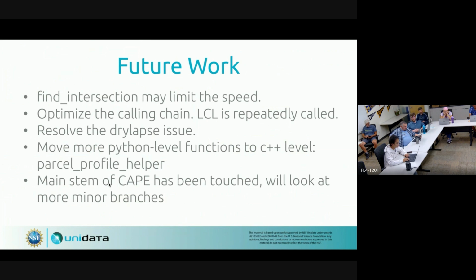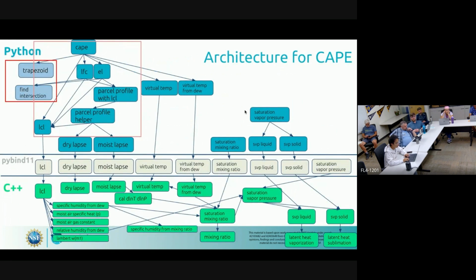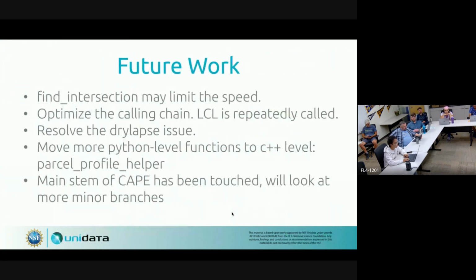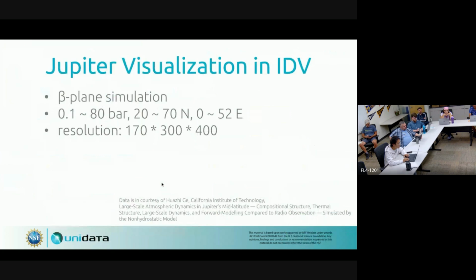And finally, we have already touched down to the main tree of the CAPE calculation, but there are still a lot of other functions surrounding the main calculation that we can look at, to move them into the C++ level and speed more things up. That's all about the MatPy project.